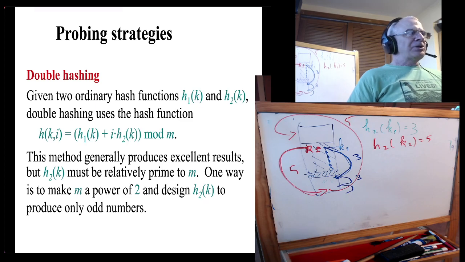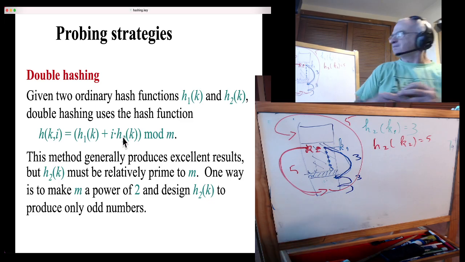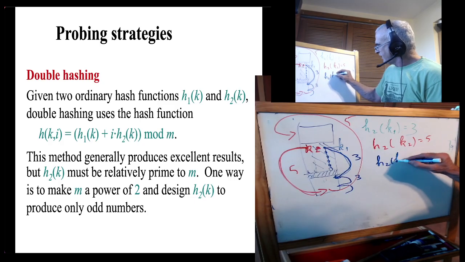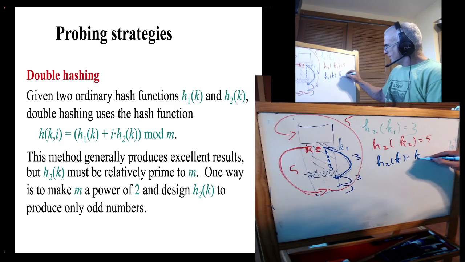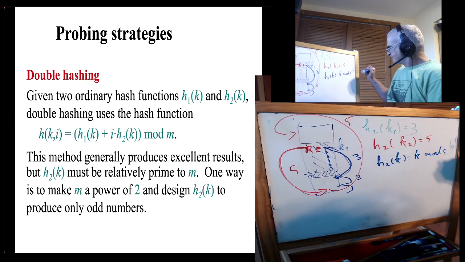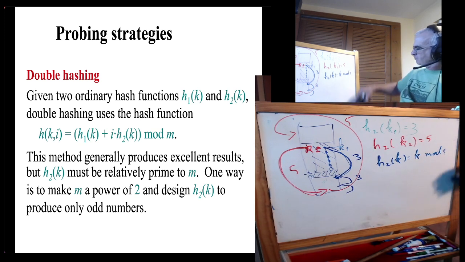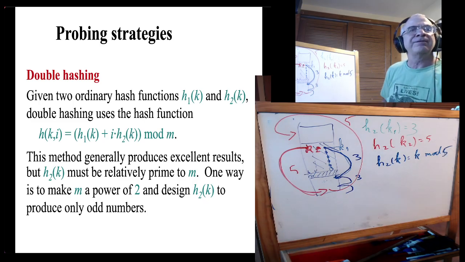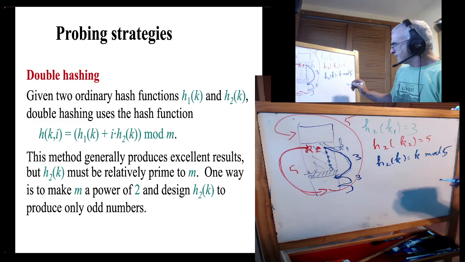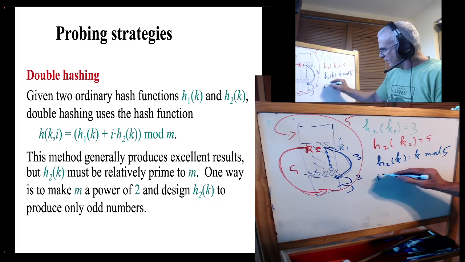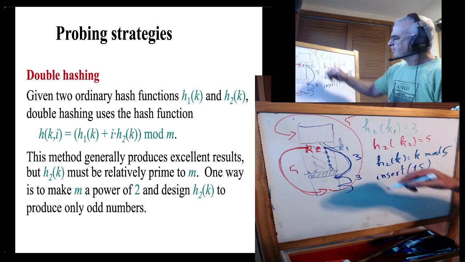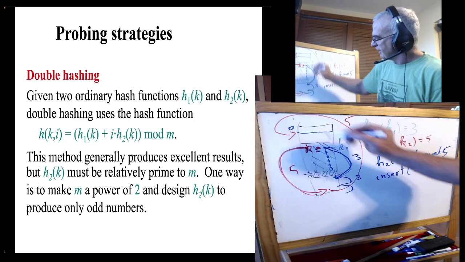Why should you be careful? Because let's take H2 of k to be k modulo 5, and I'm asking you to insert 15 into the table that we had earlier.